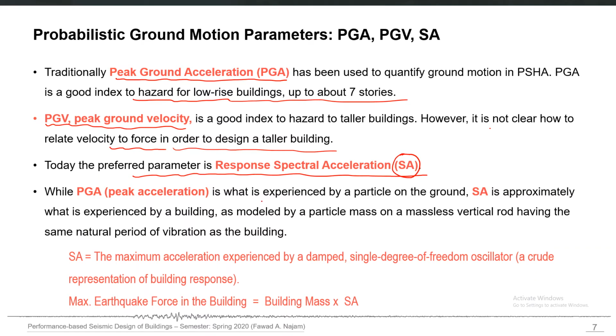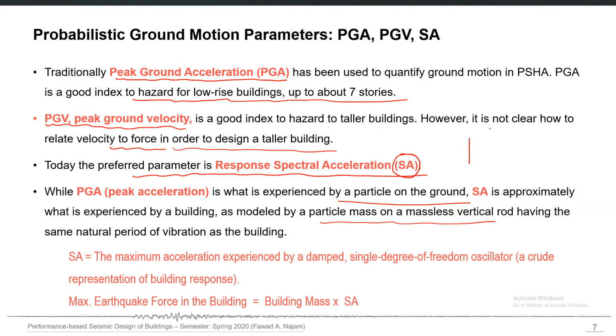While PGA is what is experienced by a particle on the ground or the shaking of the ground itself, on the other hand, spectral acceleration is approximately what is experienced by a building if it is modeled by a single degree of freedom system, which means a particle mass on a massless vertical rod having the same natural period as the building.